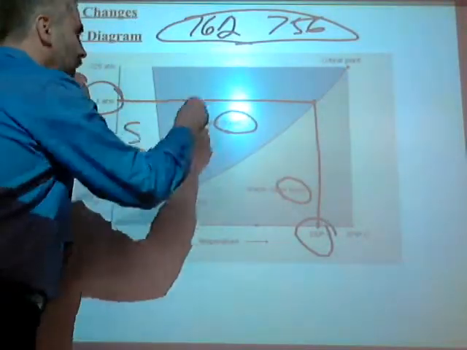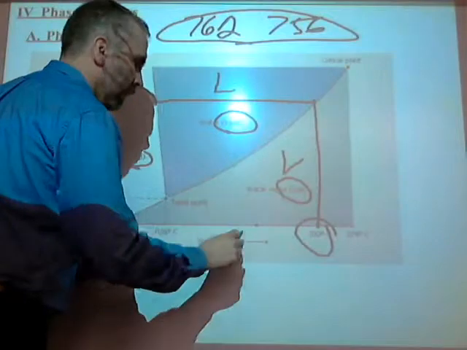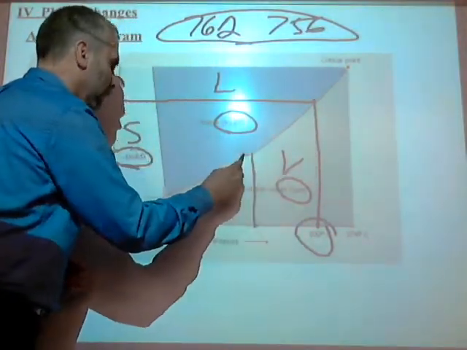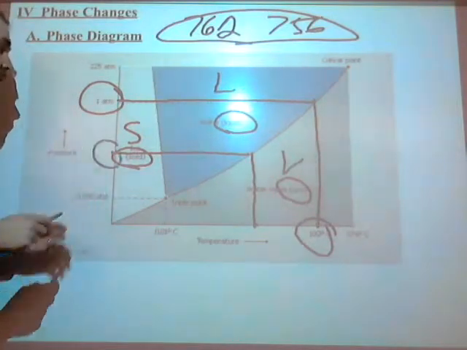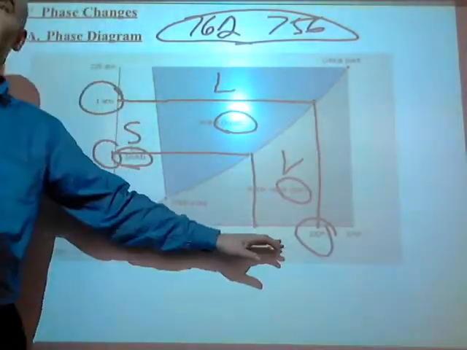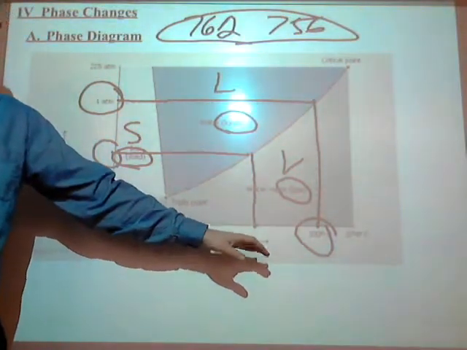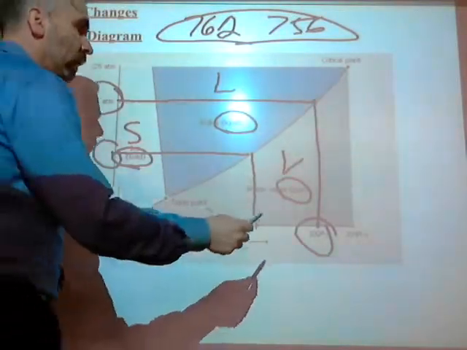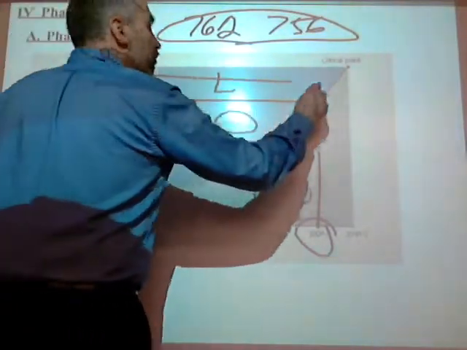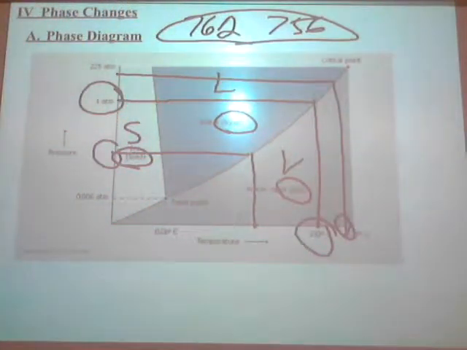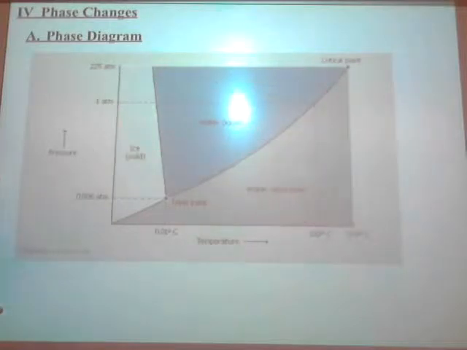If I lower the pressure, the liquid turns to a vapor at a lower temperature, which is why I was able to boil the water at room temperature. And if I were to increase the pressure, like in a pressure cooker, the water boils at a higher temperature. You see? So in effect, what I'm saying is this.